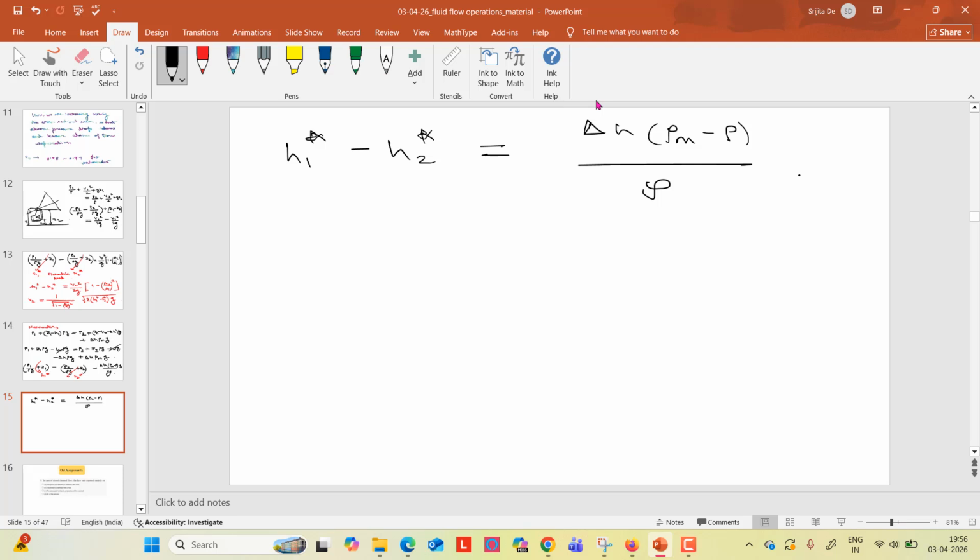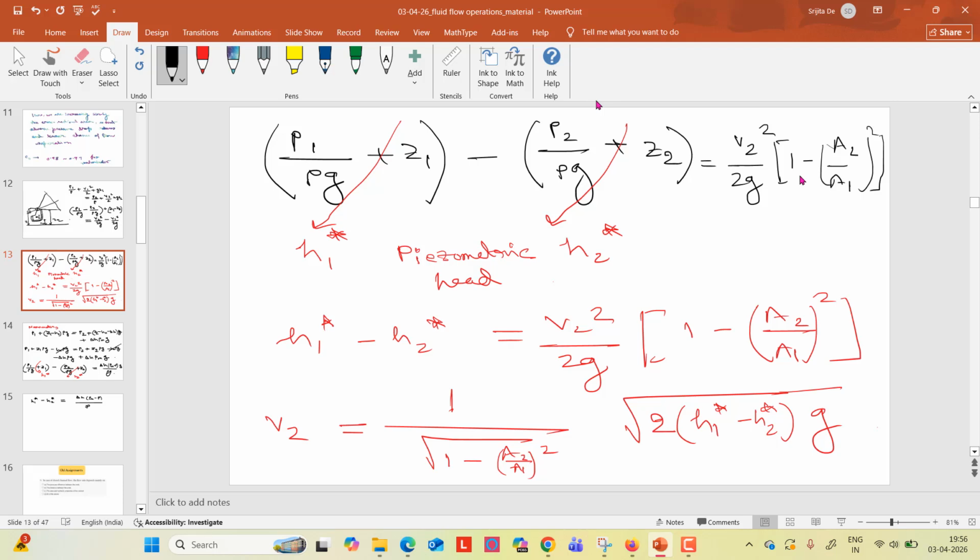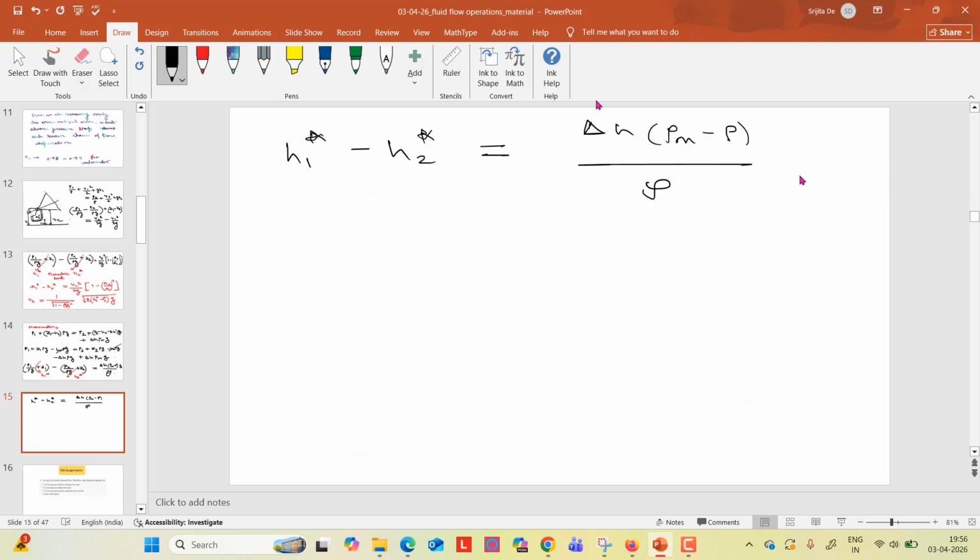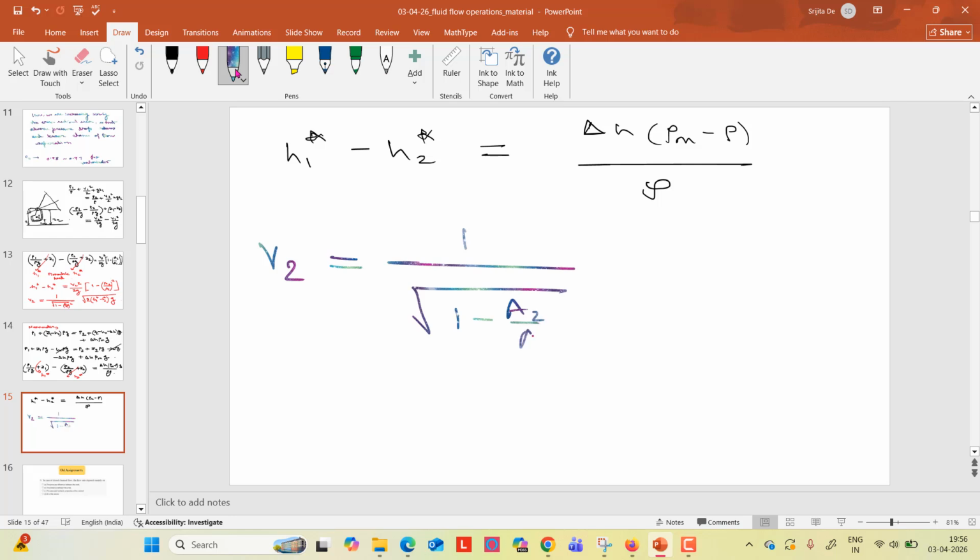If I put this value of H1 star minus H2 star in the previous equation for V2, what will it come to? Now V2 will be 1 by root under 1 minus A2 by A1 whole square, into, earlier it was 2 H1 star minus H2 star into G. In place of H1 star minus H2 star, we'll put this value.